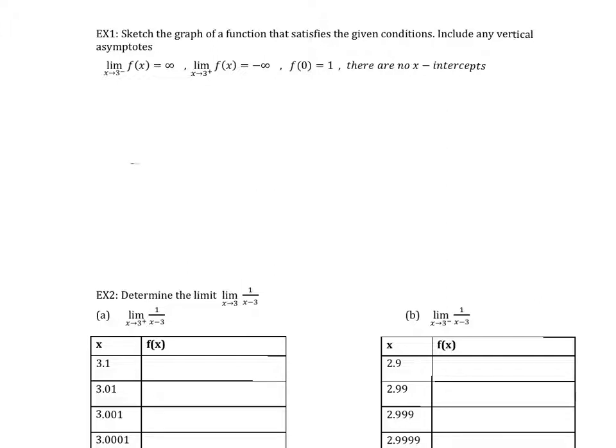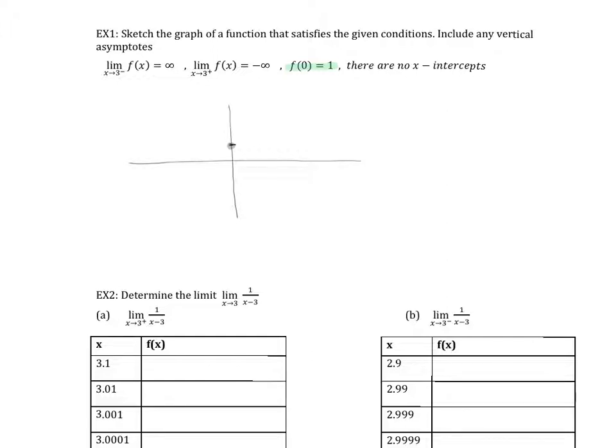So first I'm going to draw myself a coordinate system. And then I'm going to look at my conditions. I always start with what I know. F of 0 is equal to 1. So when x is equal to 0, I have a y value of 1.